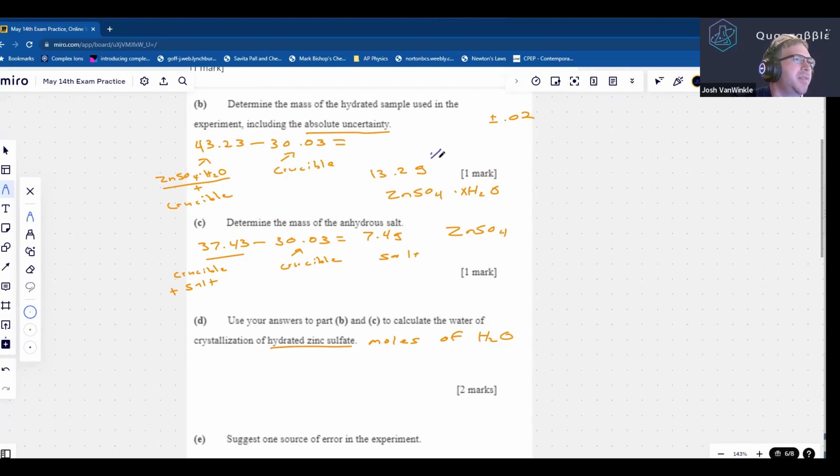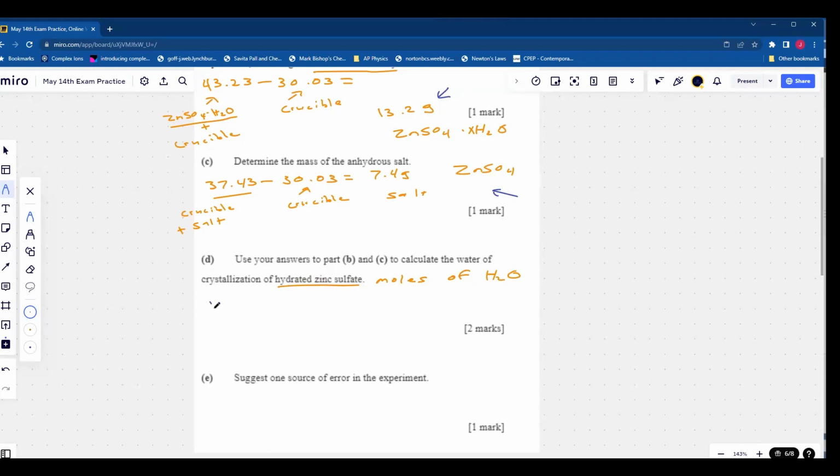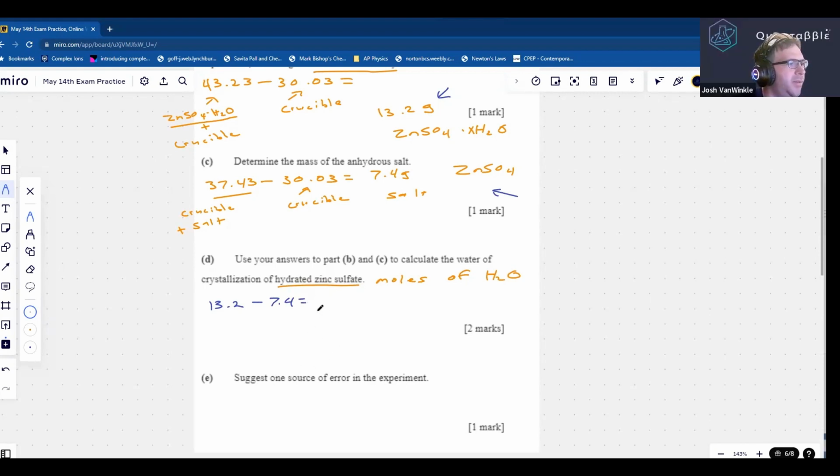So this one is your before heating, and this one is your after heating. And so if I subtract those two, I get the water by itself, right? And what's that going to be? 5.8. 5.8 grams of water, but that's not what I want. I want moles.